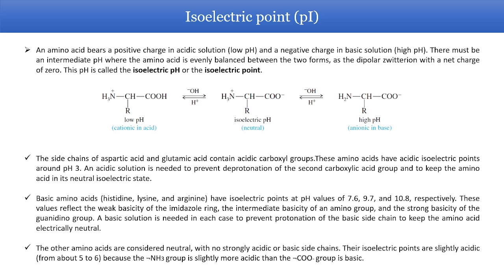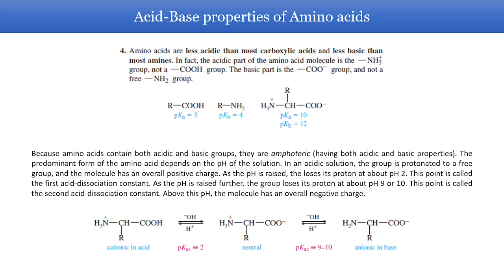Now the isoelectric point, you can call it that pH where, how do I explain it? An amino acid has a positive and a negative charge, whether it is in an acidic solution or a basic solution. So there must be an intermediate pH where the amino acid remains balanced.